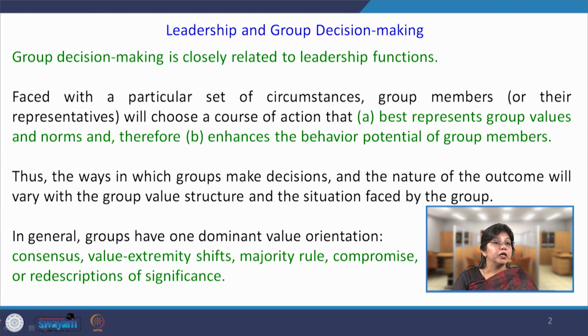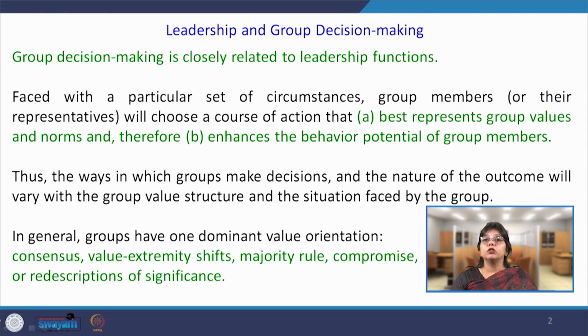The behavior potential of group members means to what extent the members of the group tend to engage in appropriate decision making while not shunning their group norms and values, and to what extent they abide by their group norms and at the same time by appropriate behavior in decision making. Therefore, when we are talking about leadership, it also becomes very important to talk about decision making.